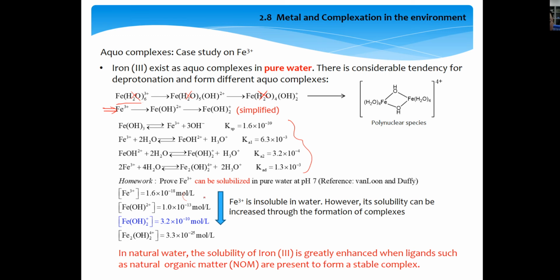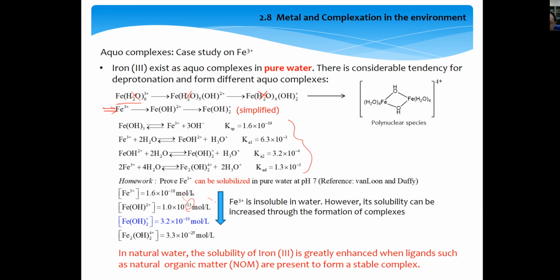So how about their complexes? When they turn into aqua complexes and start to be ionized, the concentration of this metal ion in water can increase, from negative 18 to negative 13 to negative 10.